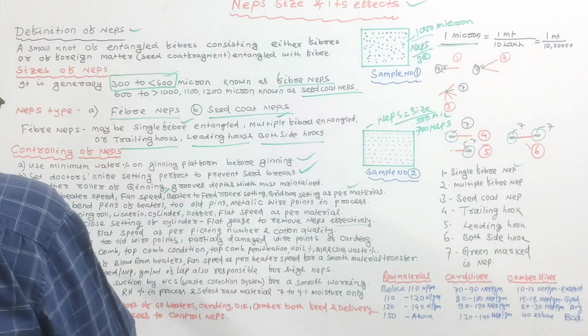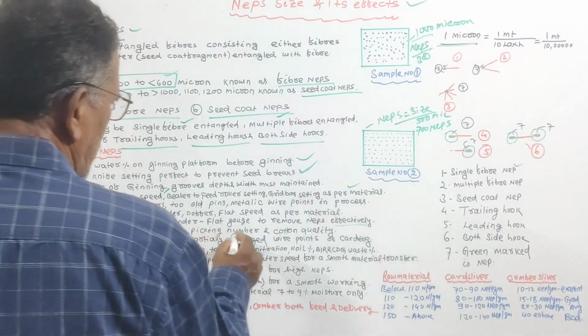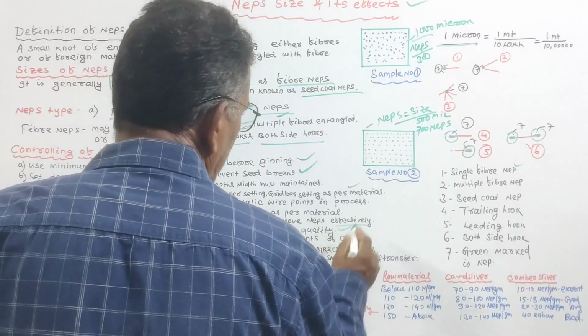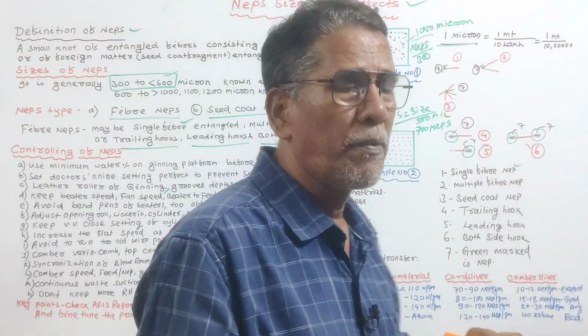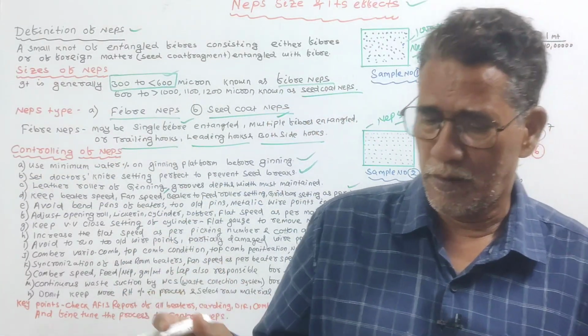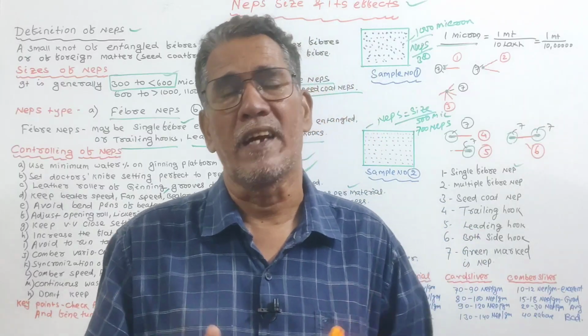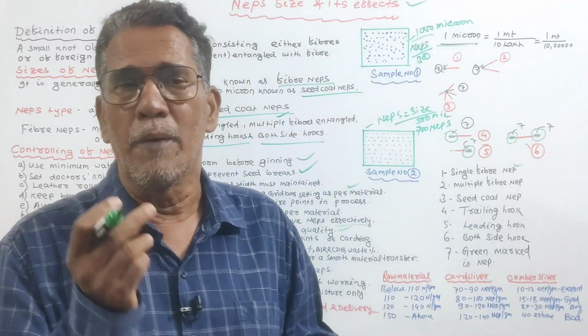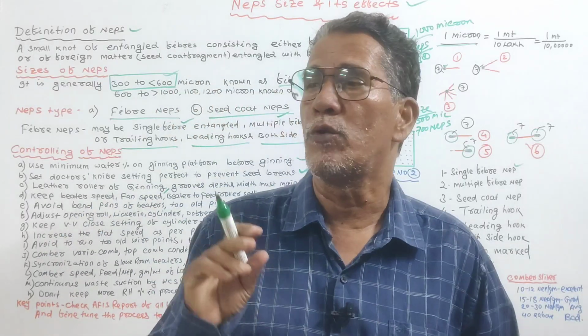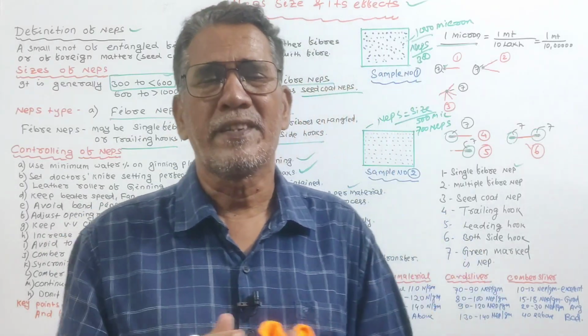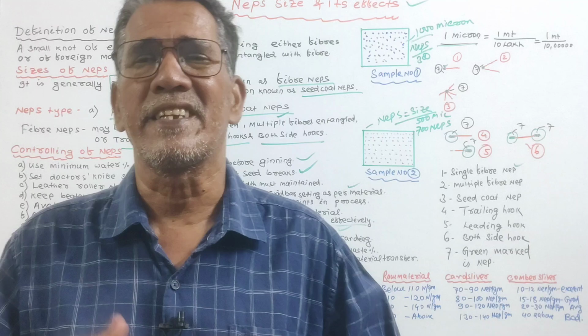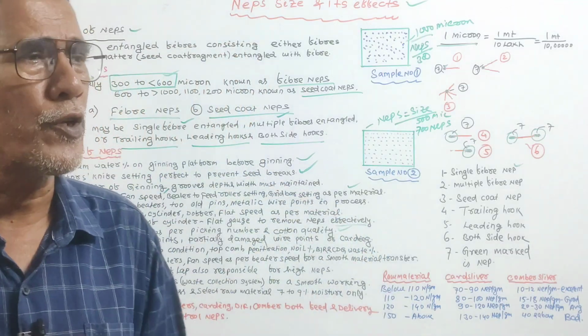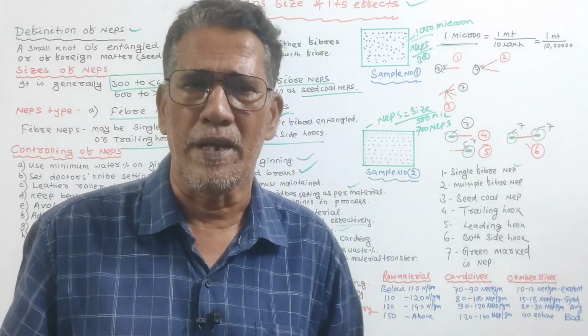And you see, increase the flat speed as per the picking number or cotton quality. Suppose we are taking the material in carding, fast picking. Fast picking is very good quality because the micronaire value is more, and it will prevent generation of naps.